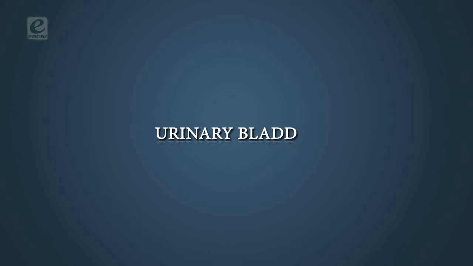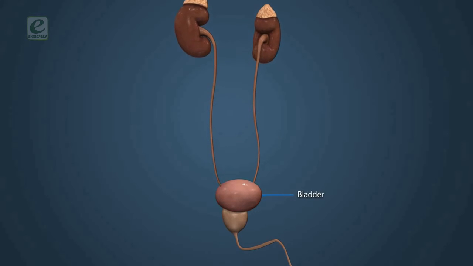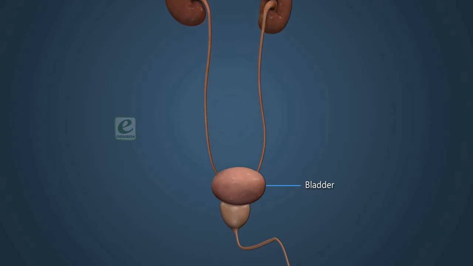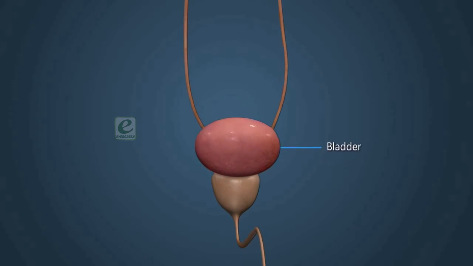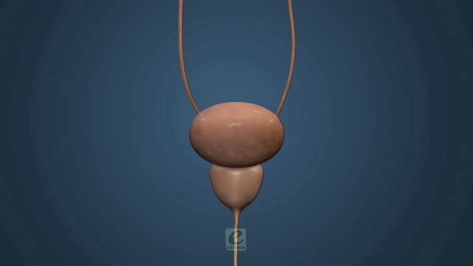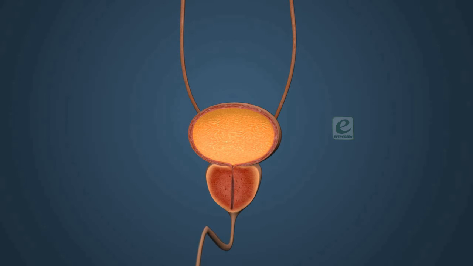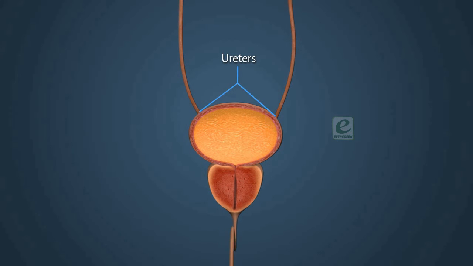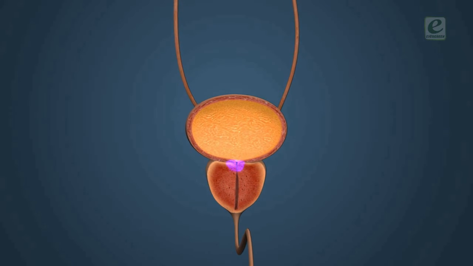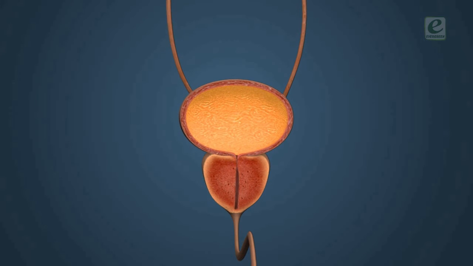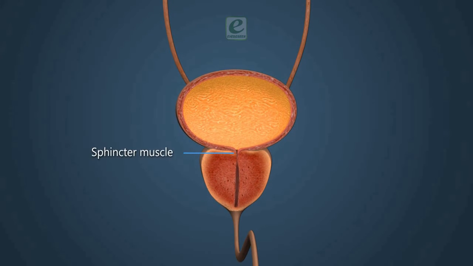Urinary bladder. It is a median, pear-shaped, highly distensible sac-like reservoir present in the pelvic region. In the urinary bladder are present 3 openings, 2 of ureters and 1 of urethra. The opening of bladder into the urethra is guarded by sphincter muscle.